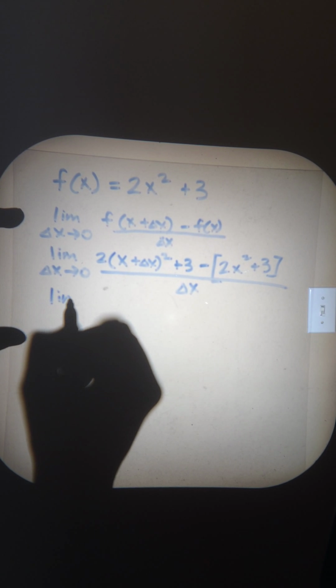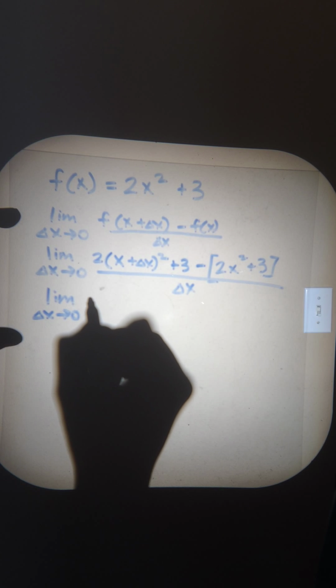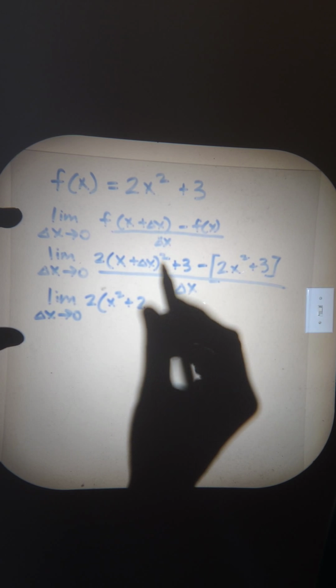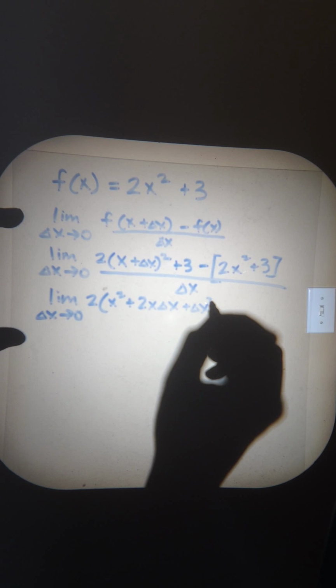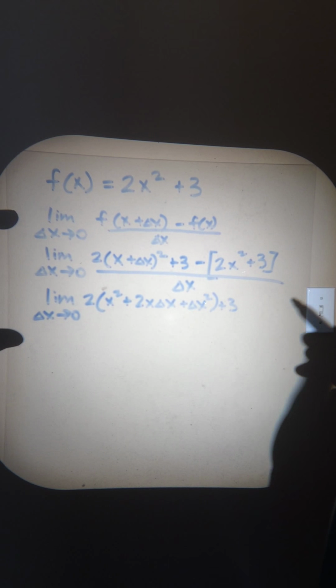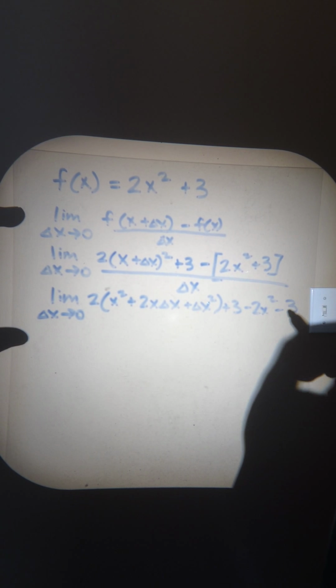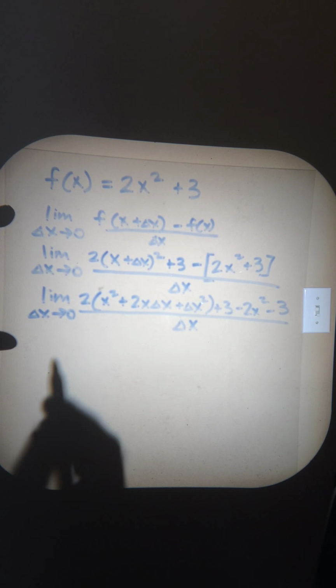Our next step is going to be to simplify, and in this case we're going to be doing some distributing. So this is 2 times x squared plus 2x delta x plus delta x squared, plus 3, minus 2x squared minus 3 all over delta x.